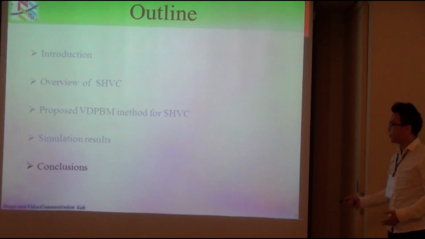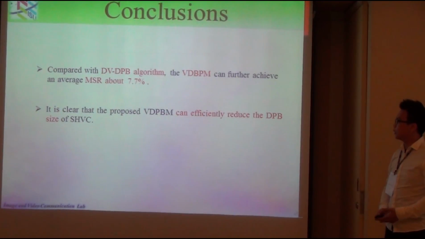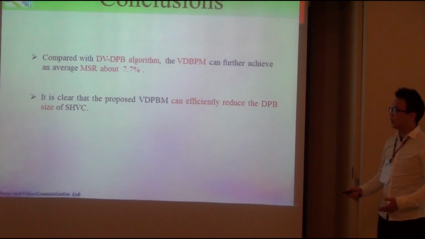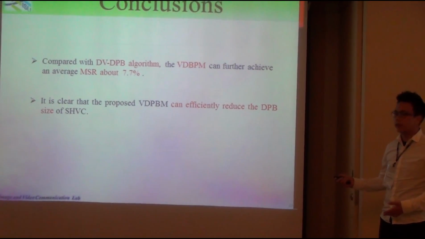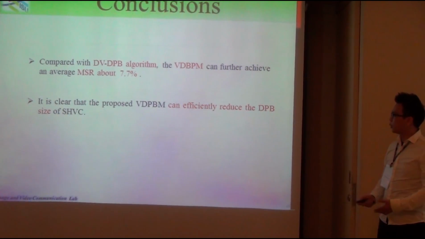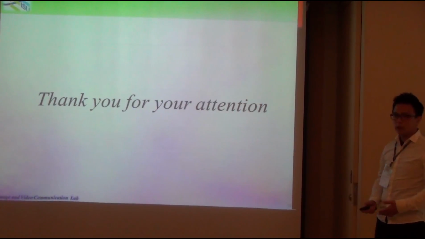Final conclusions. Compared with the DV-DPB algorithm, the VD-DPB can further achieve an average NSR of about 7.7%. And it is clear that the proposed VD-DPB can efficiently reduce the DPB size of SHVC. Thank you for your attention.